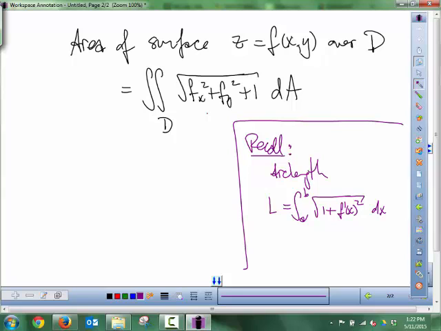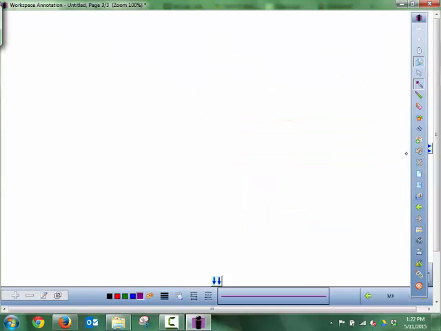I'm going to have to derive everything over again. Let's see if we can do it quickly. I think I was using a capital phi last time, right?